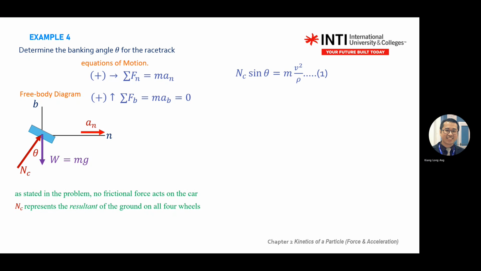That's it. What happened to capital N here? You know that you can break it into two forces, right? What happened to the component? N cos theta minus W plus equal.